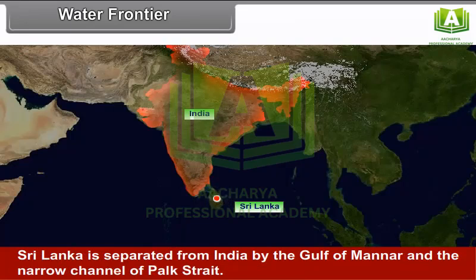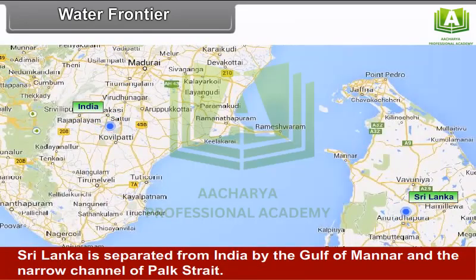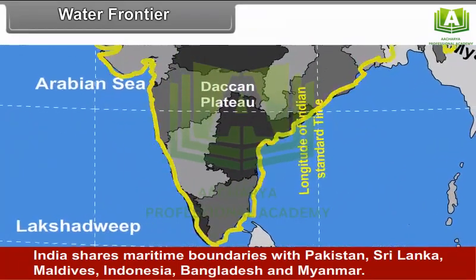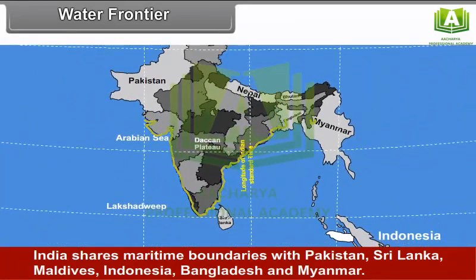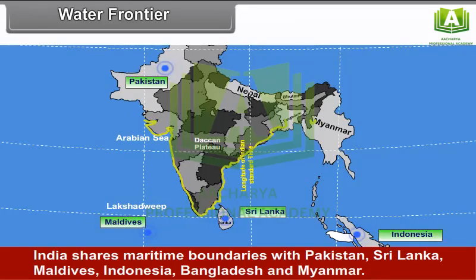Sri Lanka is separated from India by the Gulf of Mannar and the narrow channel of Palk Strait. India shares maritime boundaries with Pakistan, Sri Lanka, Maldives, Indonesia, Bangladesh, and Myanmar.